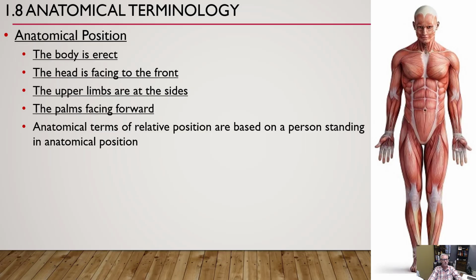And this just helps us to have some sort of consistency across the world. So if I said that I had a 2 centimeter laceration above my wrist, what does that mean?